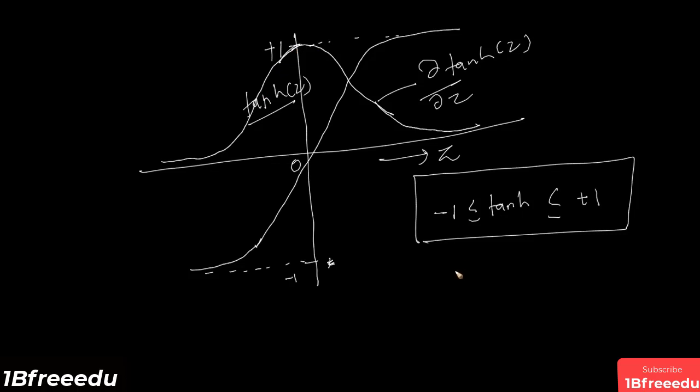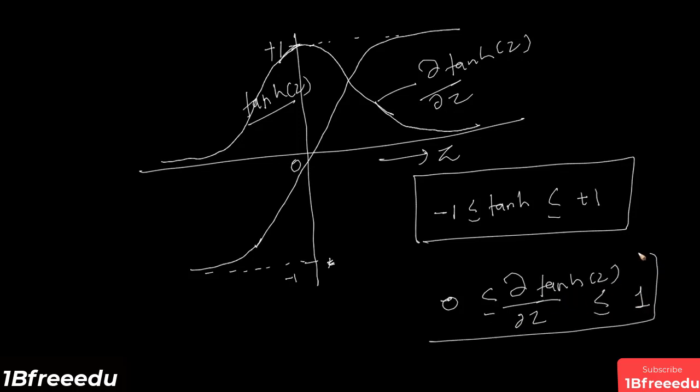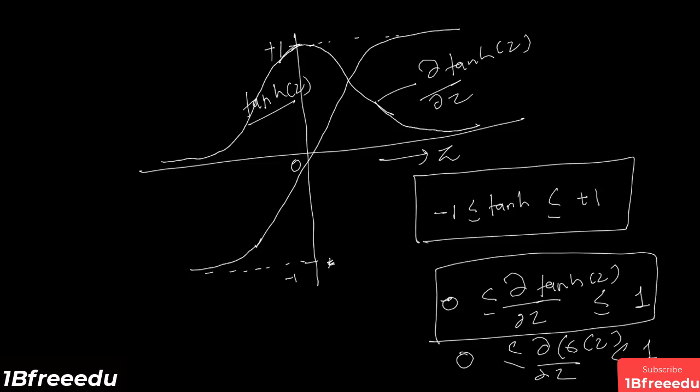Now if I write how this derivative is behaving, it is 0 less than or equal to the derivative of tanh, which is less than or equal to 1. So the derivative of tanh varies between 0 and 1, and it can be equal to 1 also. In the case of sigmoid, the derivative of sigma of z with respect to z was strictly less than 1, but the derivative of tanh can be equal to 1 also.